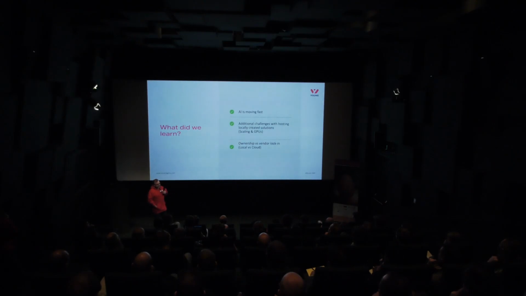Additional challenges with hosting, like if you want to host these solutions, you actually need to think a lot about the infrastructure and what's behind it and how to host the thing, whatever you're building. Another thing to mention is that also at the moment GPUs cannot be split up as easily as, for example, CPUs can with Docker, for example. You can't really do that with GPUs as easily. So yeah, that makes it a little bit more difficult.